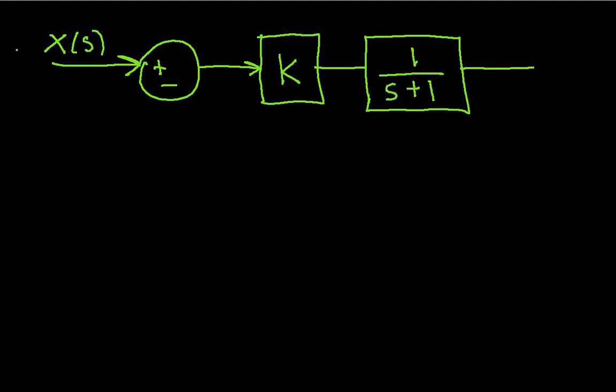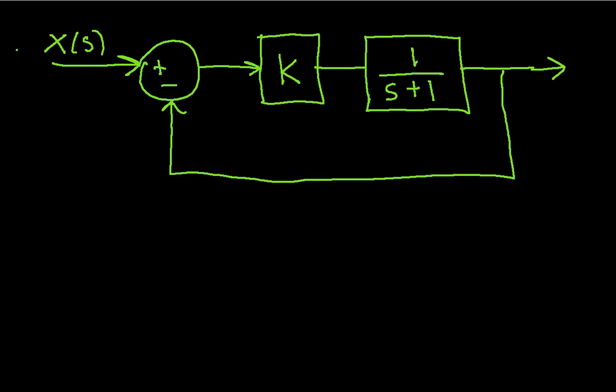It represents something that starts off and grows exponentially until it levels off at some steady state value. We'll have the output fed back directly into the subtractor. So this is the error, this is the input to the system.